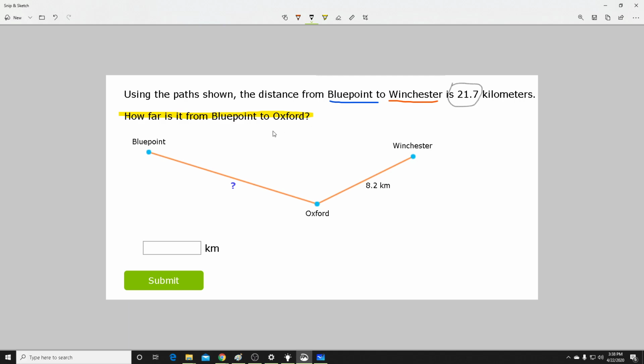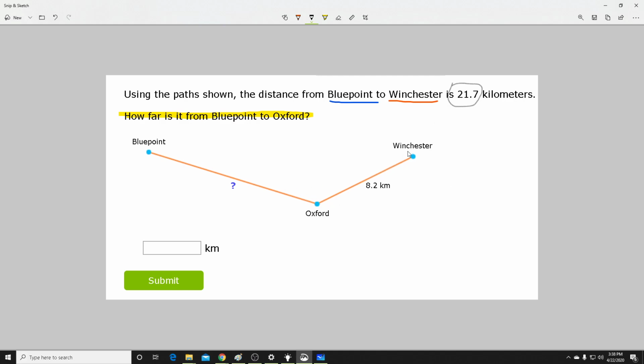So let's take a look at the diagram now. Whenever you're given a picture, you always need to look at that once you read through the directions. It usually will make everything a little bit more clear. The distance from Blue Point to Winchester is 21.7. So what they're saying is that from here to here plus here to here is 21.7. The total is 21.7, and we only know this chunk of it.